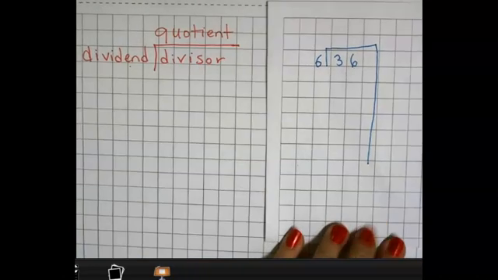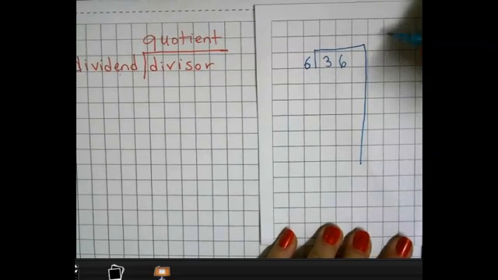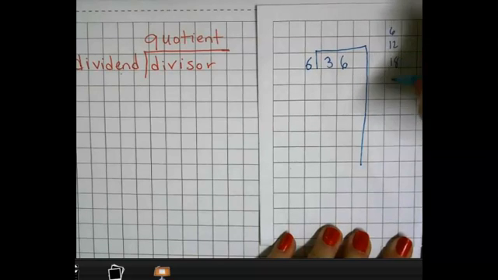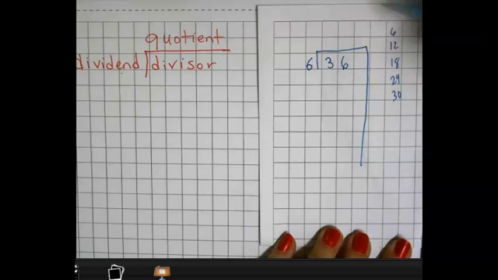Okay, so I know that, let's see, we have 6, 12, 18, 24, 30. I know, just real easily, I know my 5s. So I know that 1, 2, 3, 4, 5, 6 is 30.